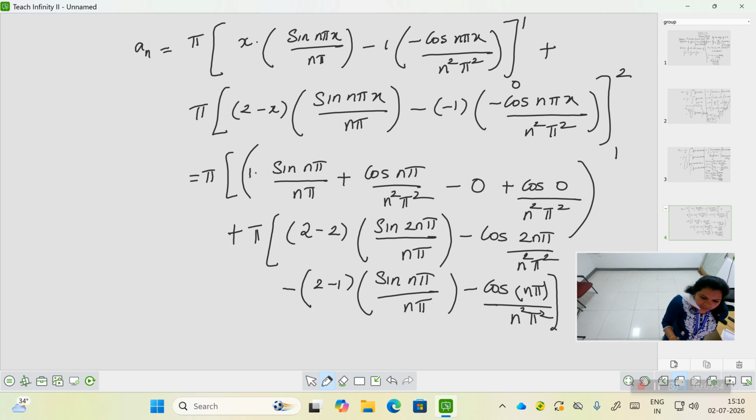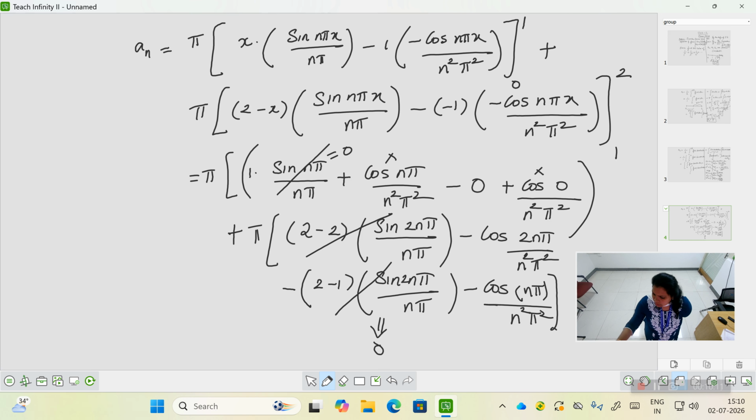So we know the value for sin n pi is 0, so this vanishes, and here also this term vanishes. Here also sin n pi is 0. Sorry, cos 2n pi is 1. So now you see these are the terms remaining. From here we know this value is 1 and this value also 1. So what are the left out terms? 4 terms are left out.